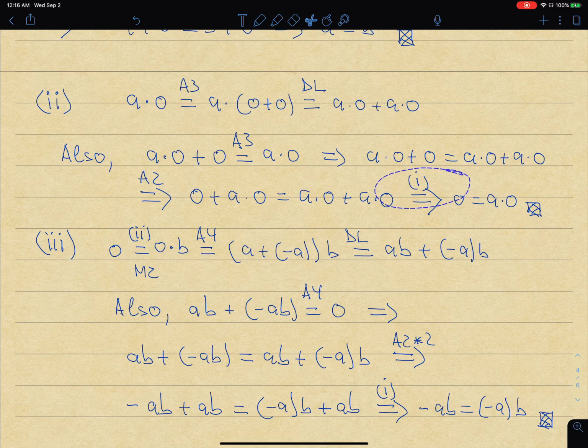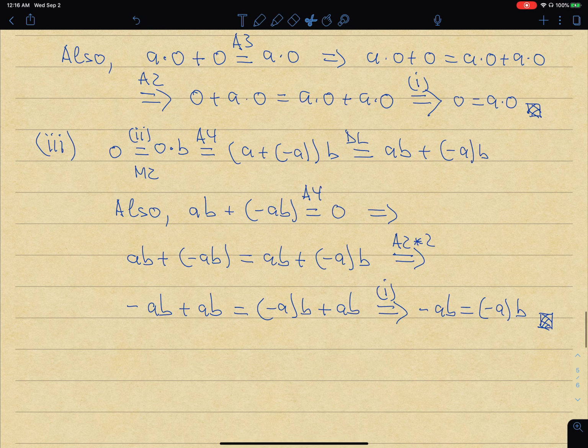When I proved the third property, the first thing I used was the second property that I already proved. So as you keep going, as you know more and more things, those things that you already established can be used to prove new things.